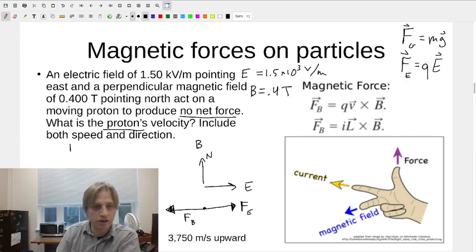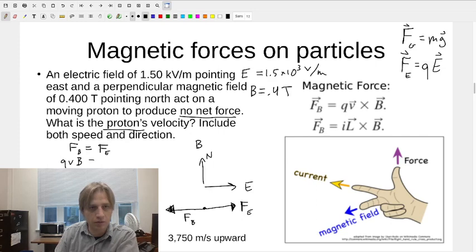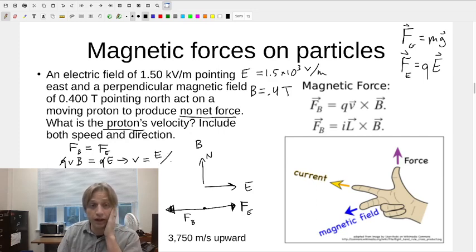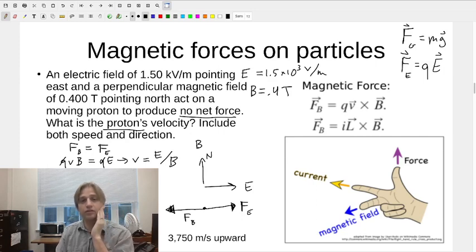So essentially here we're saying that the magnitude of FB equals the magnitude of FE, or that QvB equals QE, and then because they have the same charge on both sides, we would essentially get just that the speed equals the magnitude of the electric field in volts per meter, or newtons per coulomb, divided by B, the magnetic field magnitude in Tesla.